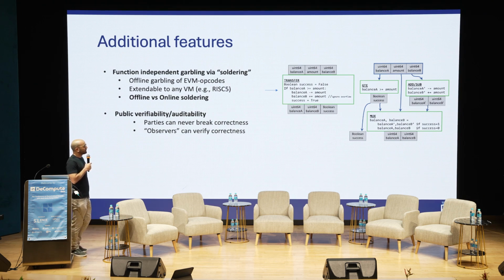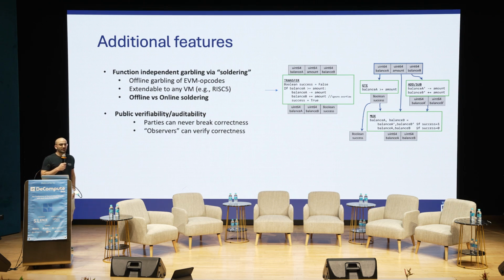And this is online soldering. It means that only after having a key on an output wire, I will solder it with the next wire. Online soldering is working, but it will take us some communication rounds to do those soldering, and we don't want to spend communication rounds in online.